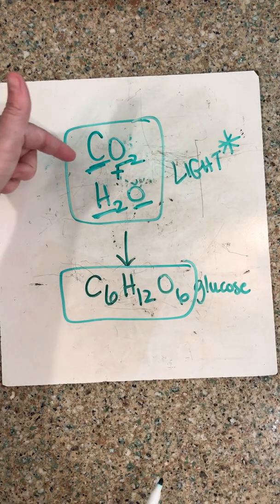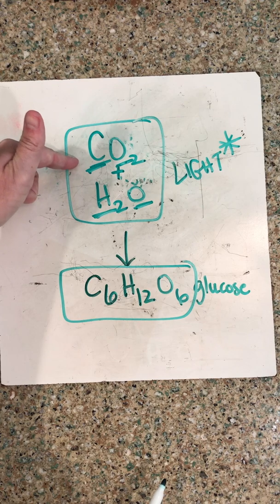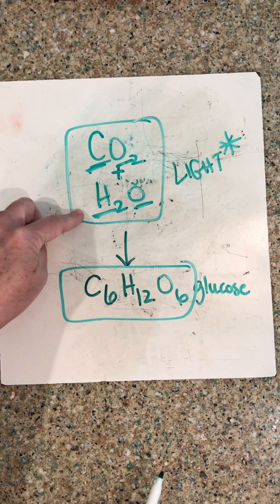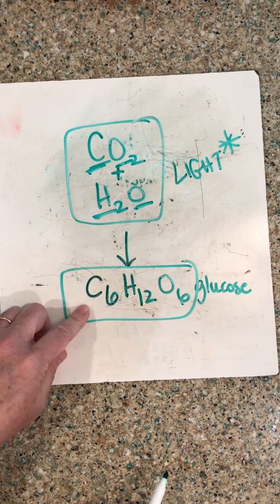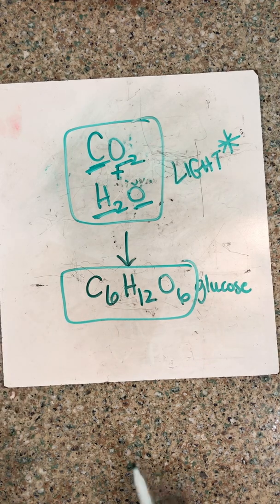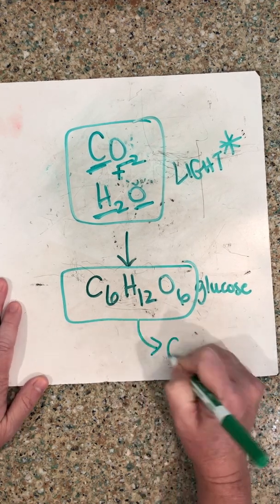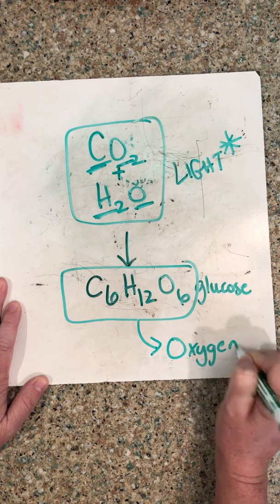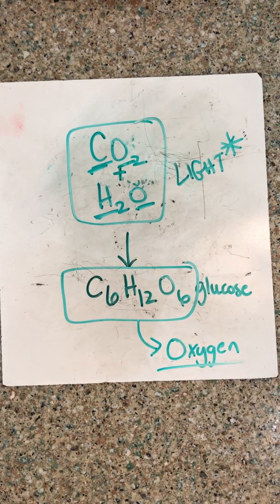So they take the exhale of your breath, or the exhale of a car, plus the water in the ground, and they turn it into sugar. So it's like a huge magic trick. And then they have a little bit of oxygen left over. So because of that little bit of oxygen, we have oxygen in our atmosphere. All right?